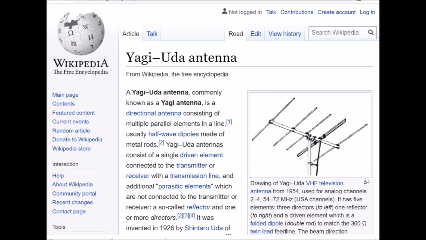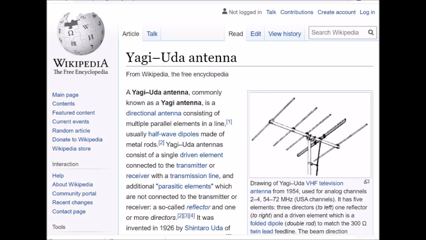A Yagi-Uda antenna, or simply Yagi, has only one dipole element with an electrical connection. The other parasitic elements interact with the electromagnetic field in order to realize a directional antenna over a narrow bandwidth.